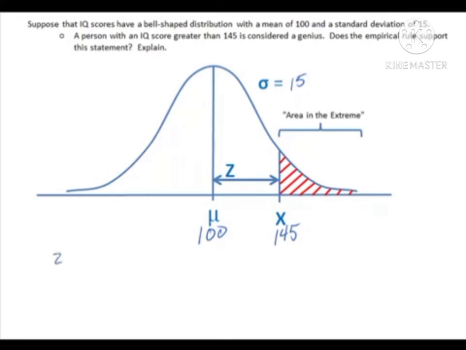First, we find a z, which is equal to our x minus our mean over standard deviation, which is equal to 145 minus 100 over 15. It's equal to 45 over 15, or 3.00. So our z is equal to 3.00 standard deviations.